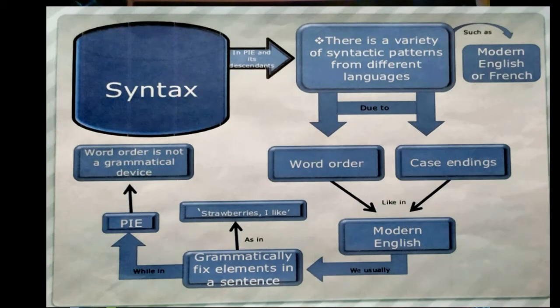Grammatically, in modern English we usually find fixed elements in a sentence, while in Proto-Indo-European, word order had no important status because of the lot of morphological means of expressing grammatical meaning.